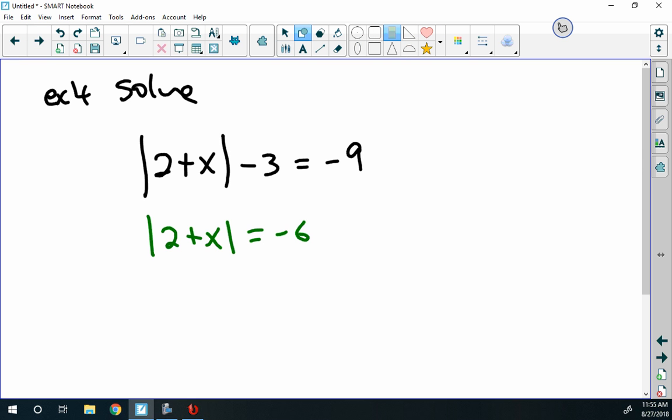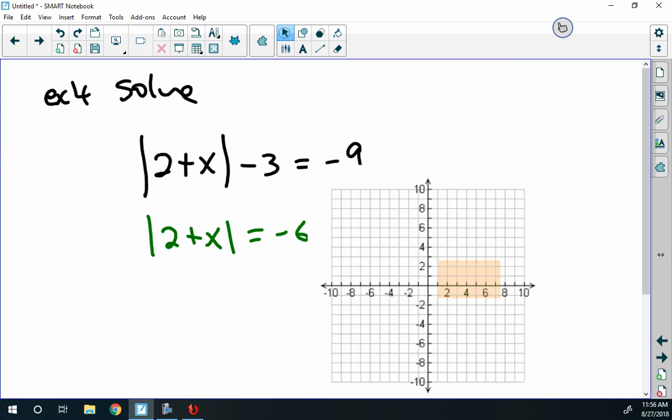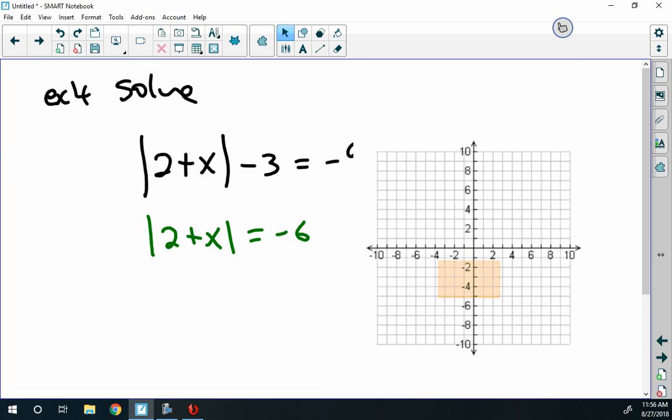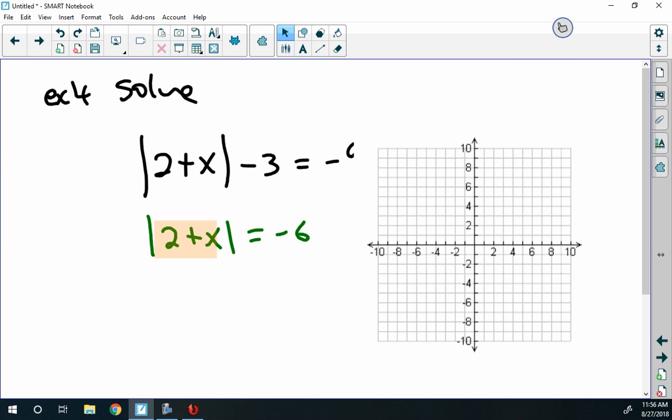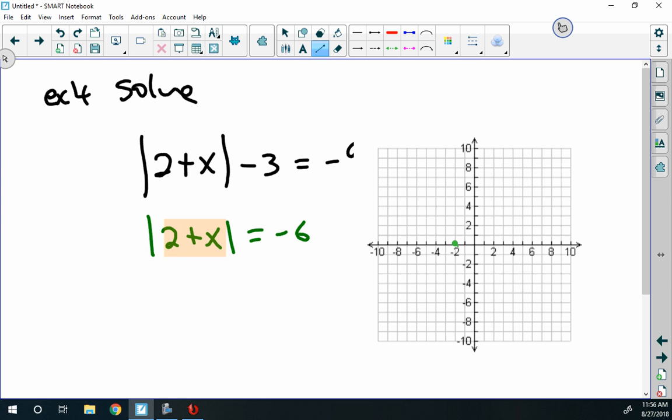If I wanted to solve this by graphing, I would graph that V-shaped thing that I saw earlier, but it's going to be translated 2 units. You might think 2 units to the right, but it's actually going to be translated 2 units to the left. So that's going to look something like this.